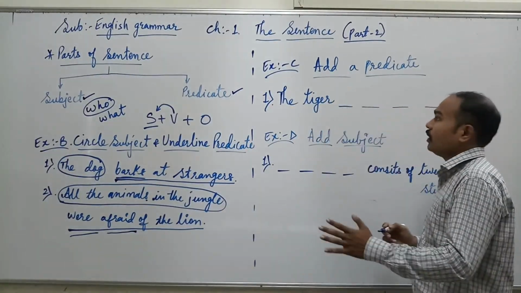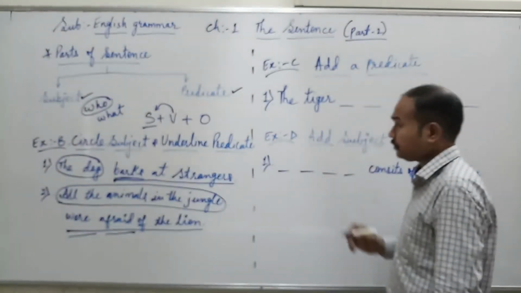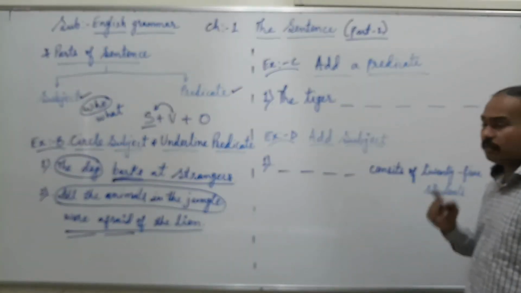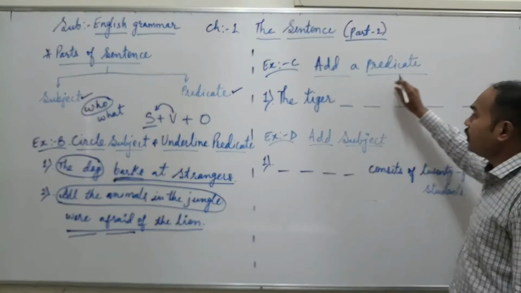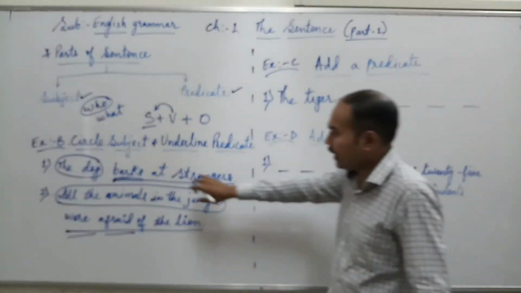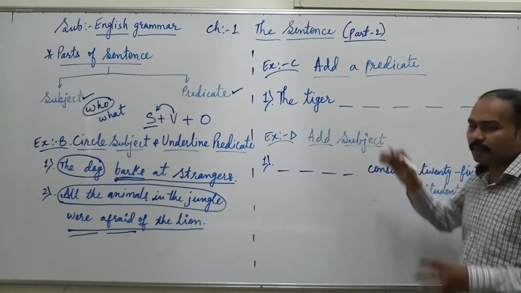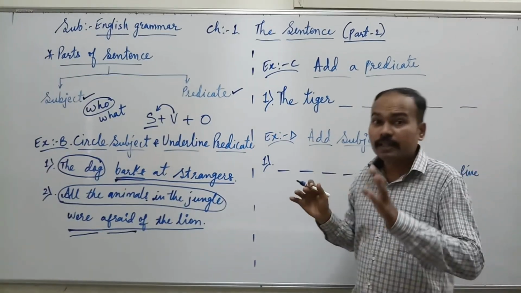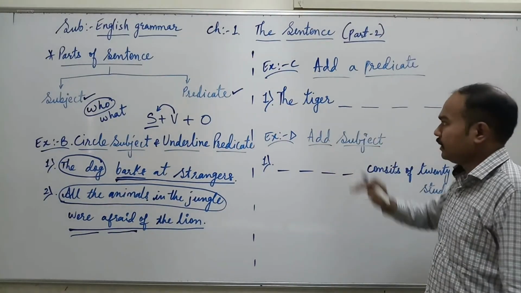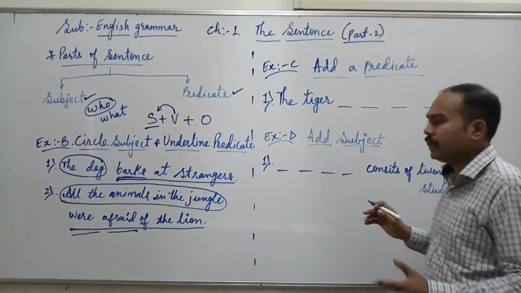Now let us move forward towards exercise number C. In exercise number C, you have to add a predicate. You can add anything which is suitable to the subject. The tiger is the subject. Now what predicate can we write?